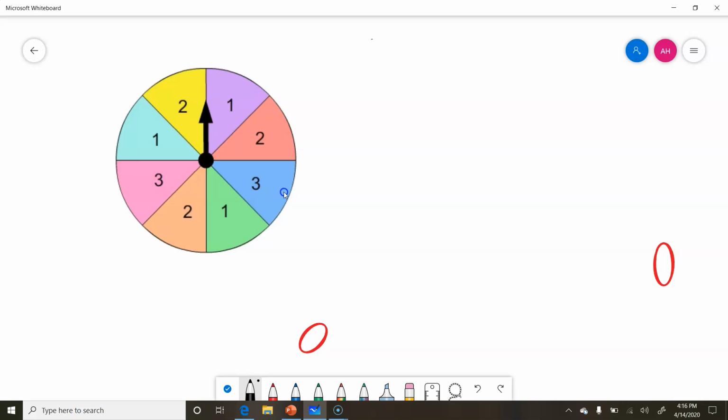Let's see what went away. So what if I change this and I said the probability of 3 or the probability that it is blue.